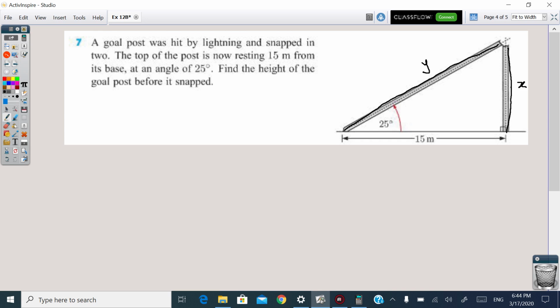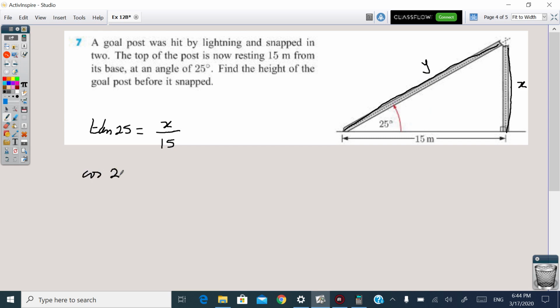So consider finding x first. This is the opposite, and the 15 is the adjacent. So tan 25 is equal to x over 15. You find x. And then for y, the 15 is the adjacent, but the y is the hypotenuse, and the ratio is the cosine.